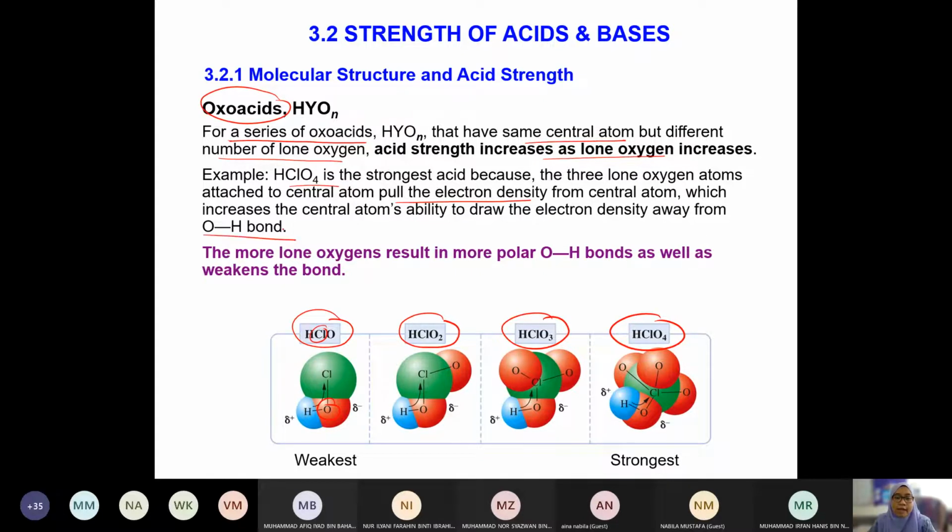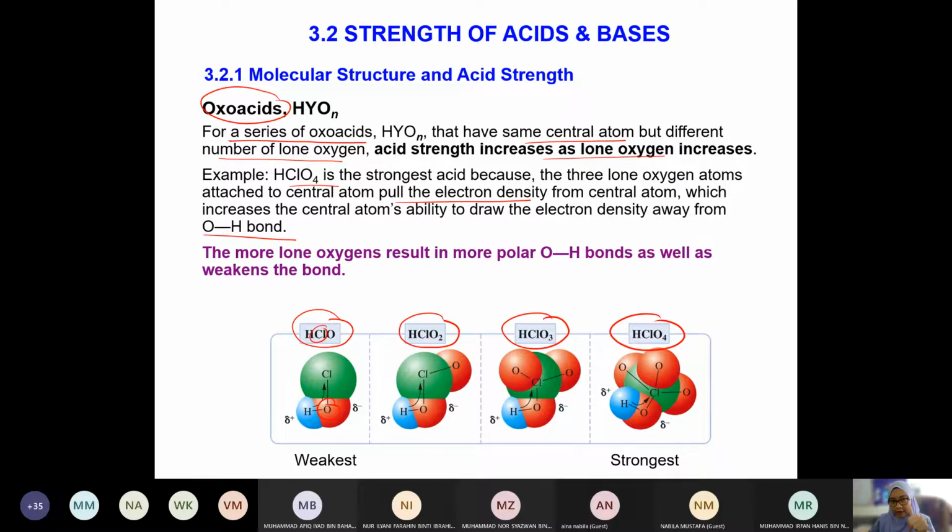Okay, alright, so what actually happened here, bila ada banyak oxygen surrounding the central atom, atau in this case surrounding the Cl, the oxygen tu, you know that oxygen is one of the most electronegative atom in the periodic table kan? Remember fluorine, oxygen and nitrogen. So these three are the most electronegative atom in the periodic table.